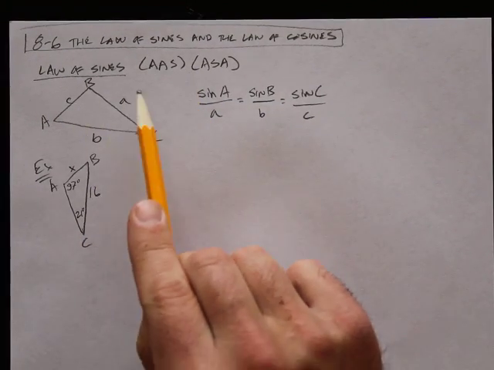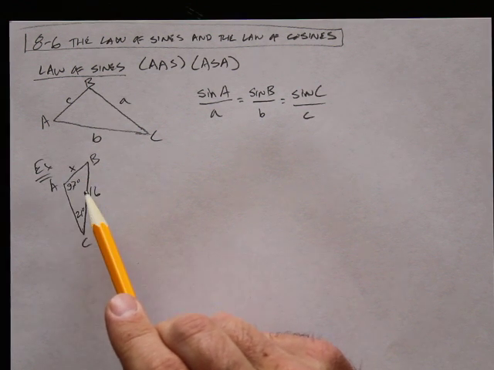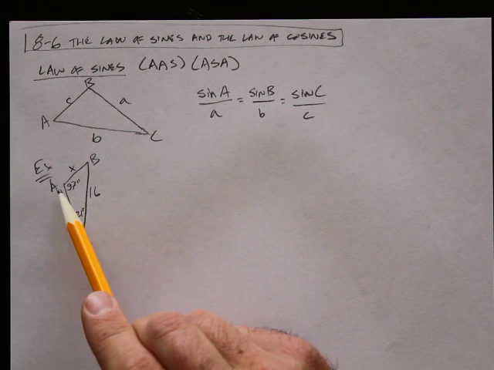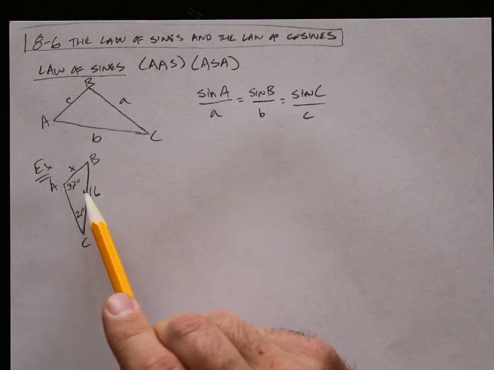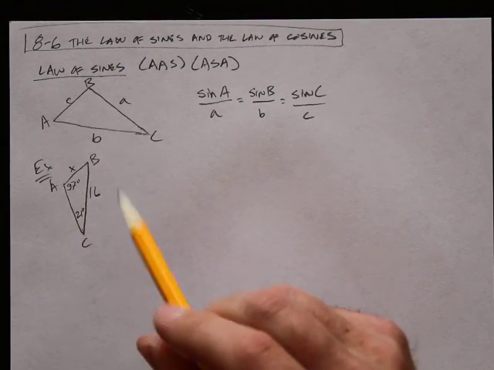Now, I can use law of sines when I have an angle and an opposite side, that is, the side opposite from that angle. That's generally if I have that information, I can use law of sines.